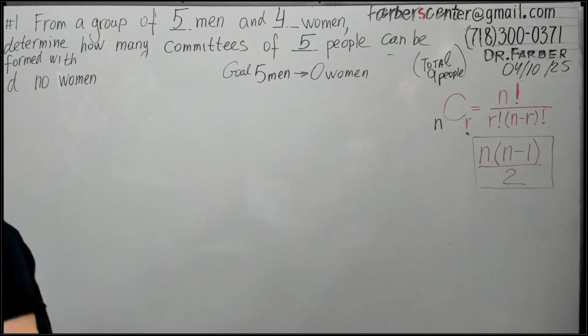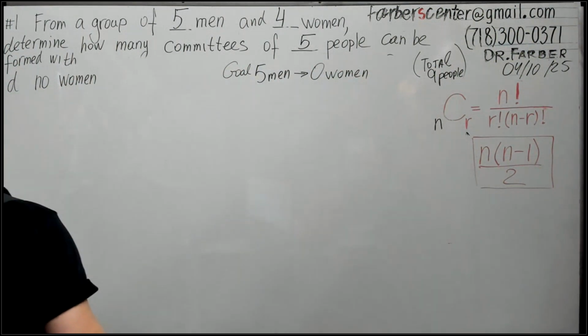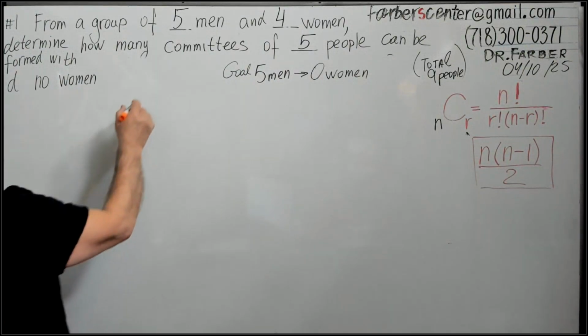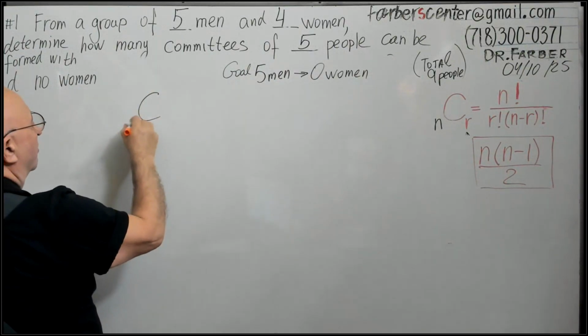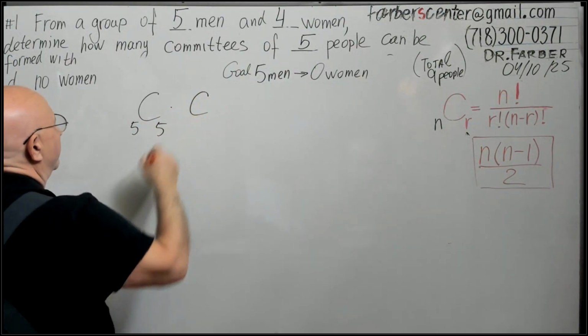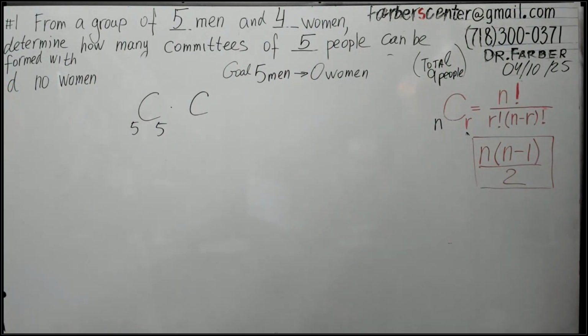So, in order to do this, you take men and this one. No women, right? I have C of 5 over 5 times C out of 4, I choose 0. Okay.